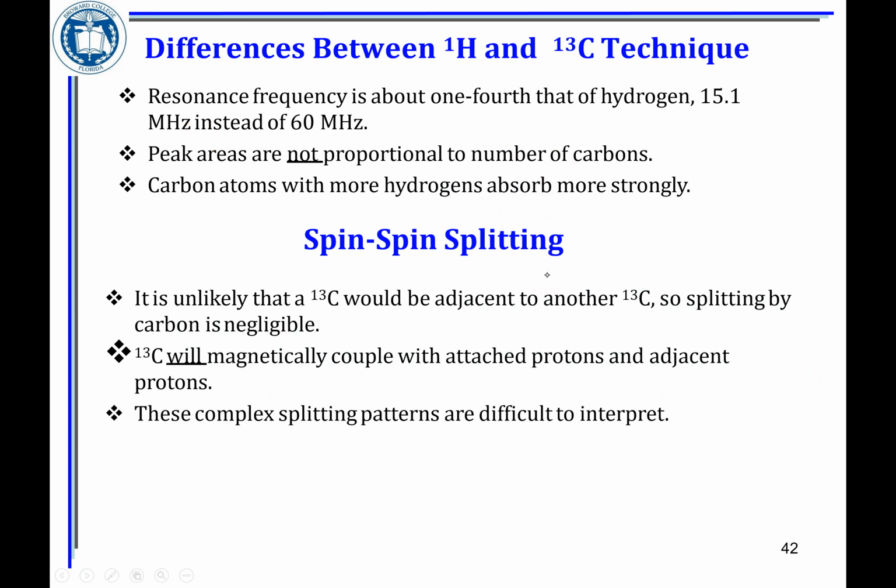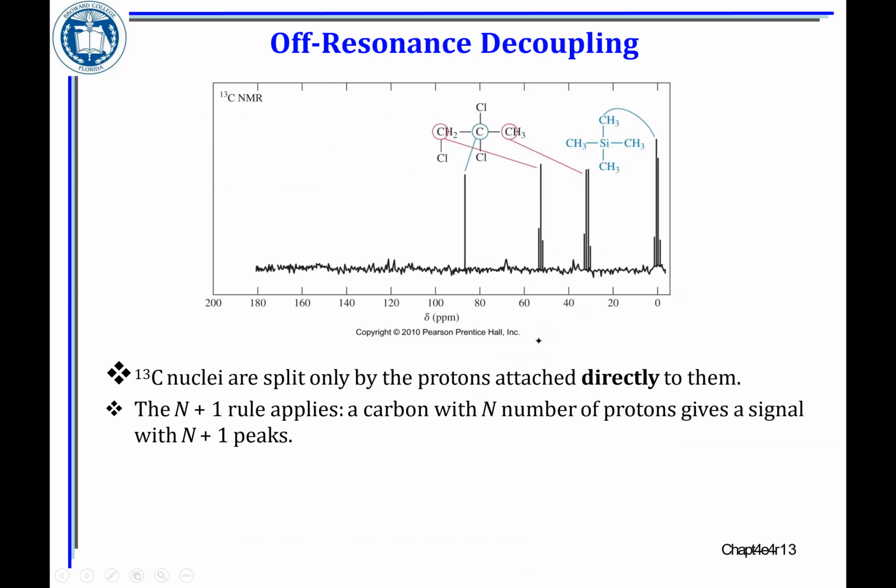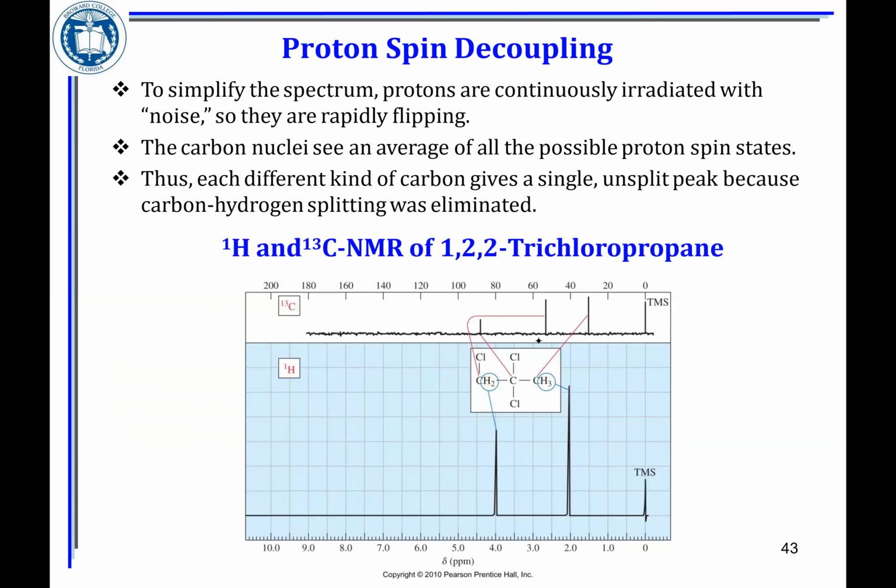The splitting pattern for carbon-13 NMR usually counts the number of hydrogens on the same carbon, but it's normally not shown and not studied. All the peaks that you see are shown as singlets. But if you see the splitting pattern, you don't count the number of hydrogens on the adjacent carbon, you would count the number of hydrogens on the same carbon. So if this is coming from CH3, it would be a quartet.